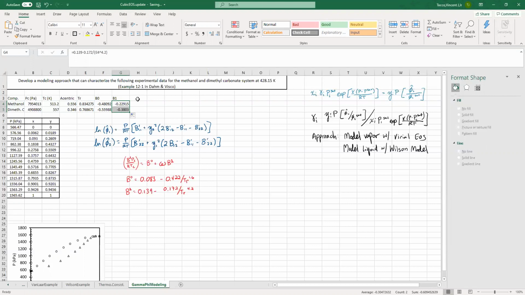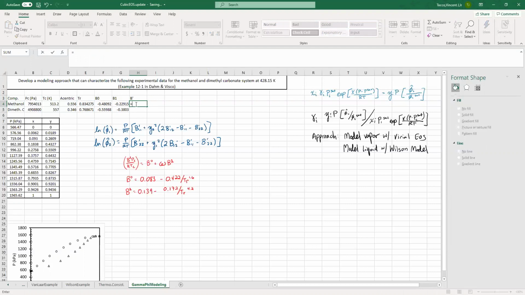Let's now calculate B prime. So this is going to be B prime 1. This is going to be B prime 2. So B prime is going to be the quantity of R, and I was careful to keep my units in pascals and kelvins.